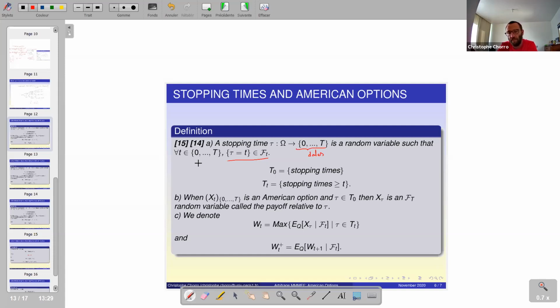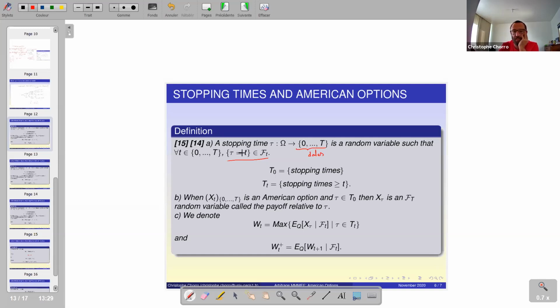But if I want to make the notion of stopping time, or the choice of a date of exercise, compatible with my financial information, I want that when I take my decision to exercise at small t, I do it only using the financial information until time t.